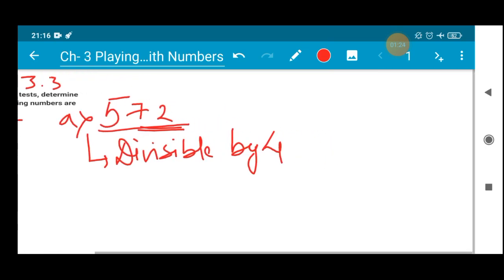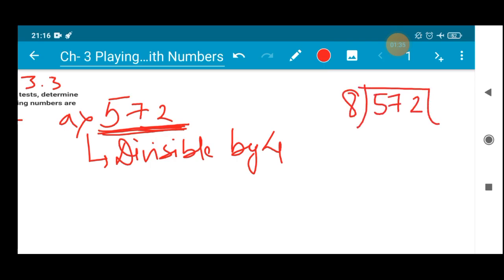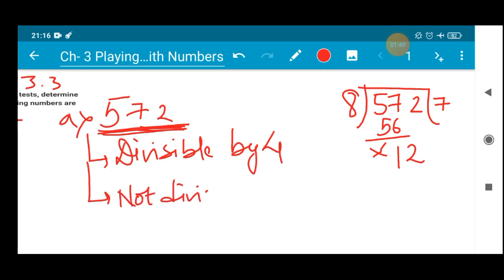Now we have to check for 8. In order to check whether any number is divisible by 8 or not, we take the last 3 digits, here it is 3 digits only, so we have to check by dividing. 8 nines are 72, 8 eights are 64, 7 eights are 56. Now 7 minus 6 is 1, 2. It is not divisible, so you will write not divisible by 8.